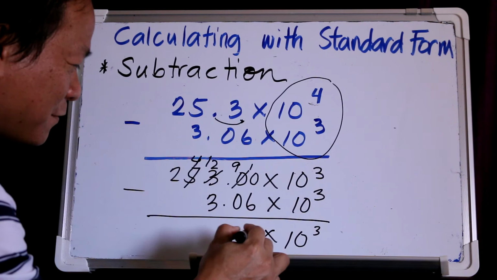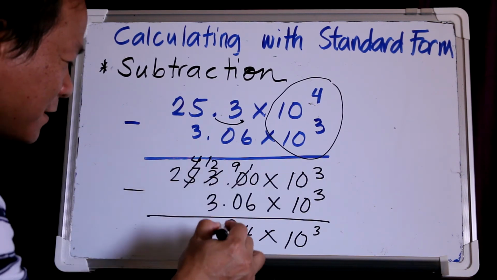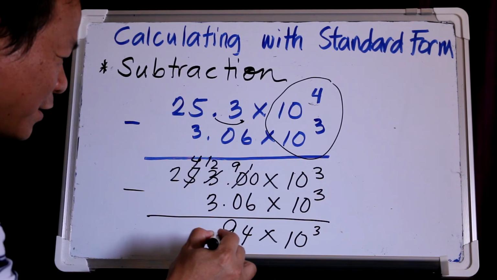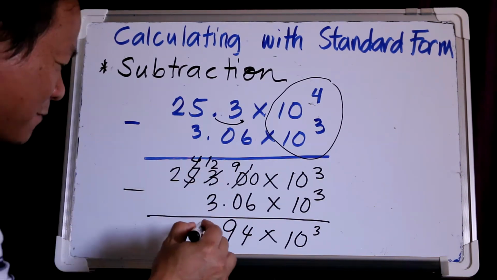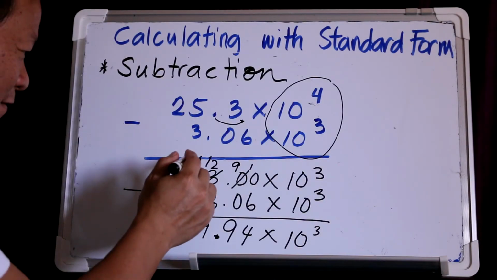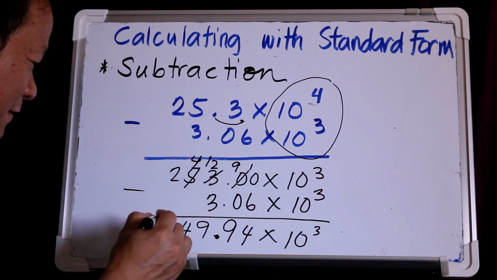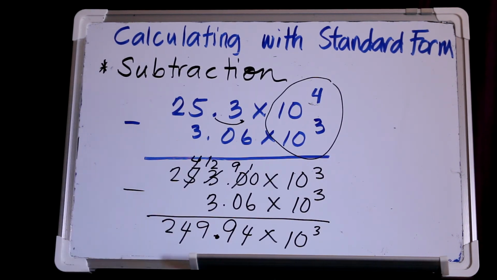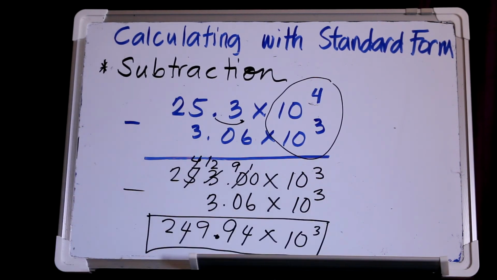So this becomes 4. 9 minus 0 is 9. 12 minus 3, that will be 9 also. And you will rewrite again 4 and 2. So this is our answer now.